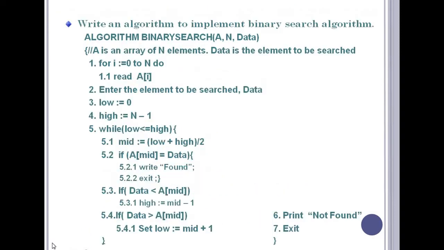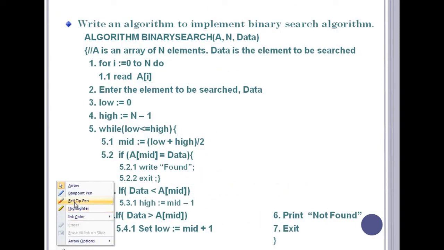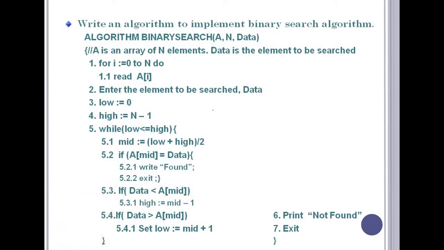For example, if I have an array of 10, 20, and so on, we know the constraint is that the array should be in ascending order or descending order, depending on the algorithm.